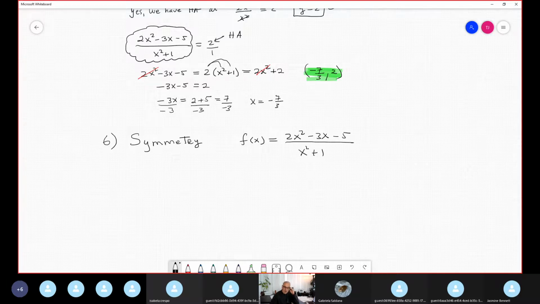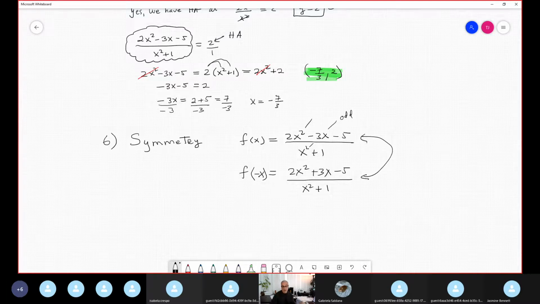So you don't need to do this in super detail because mentally you apply a quick analysis, and you know when the exponent is even like this or like this, it stays the same, but when the exponent is odd, it changes. So it's x squared plus 3x minus 5 divided by x squared plus 1. And this expression is not the same as this.